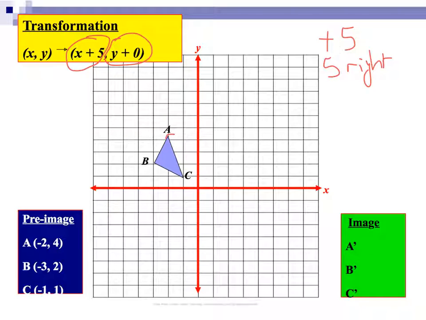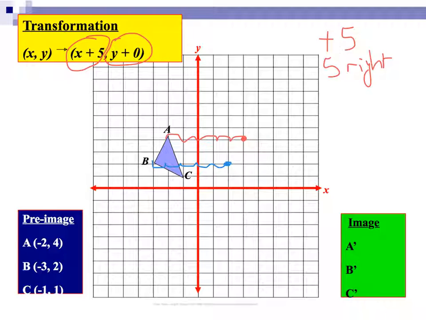So for A, 1, 2, 3, 4, 5, and you're going to put a point. Then you move on to B. 1, 2, 3, 4, 5, and then you put a point.